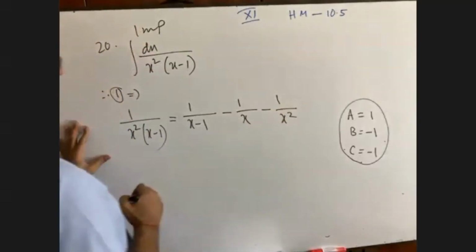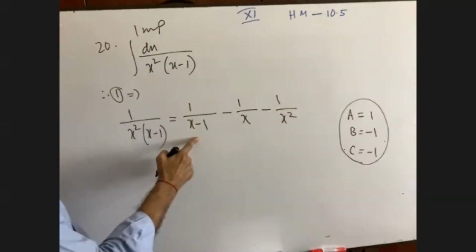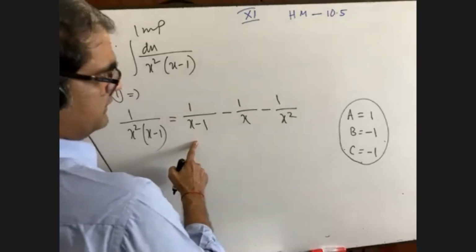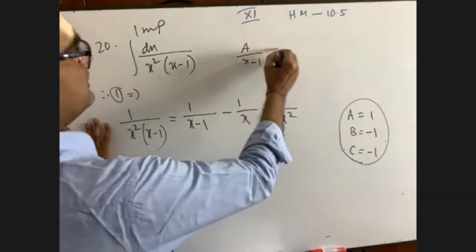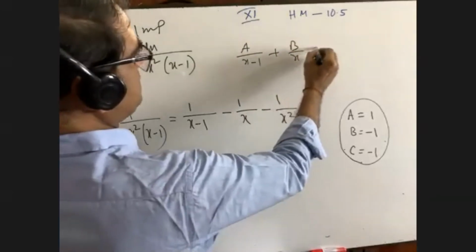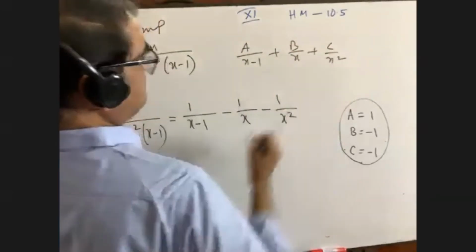Was it 1? A by x minus 1, b by x, and c by x square.